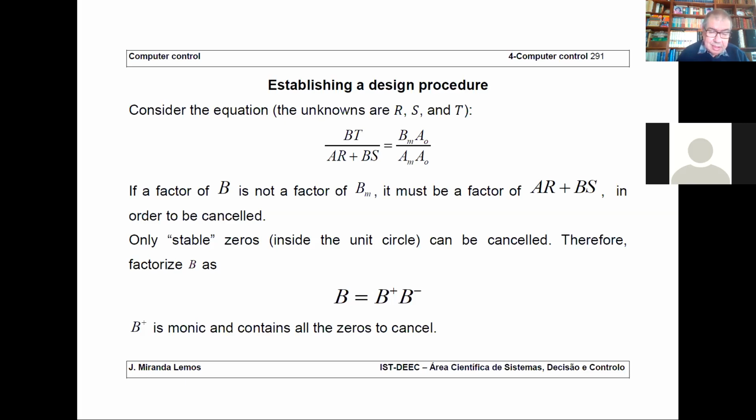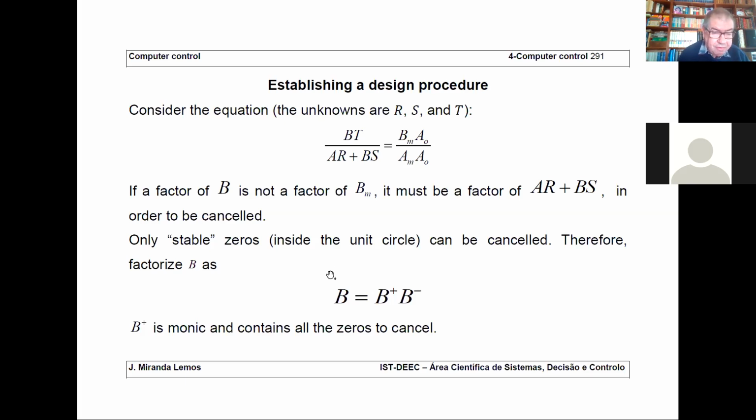There is an internal instability. So you have to separate your system zeros into parts. The ones that are inside the unit circle that you can cancel if you want, and the ones that are outside the unit circle that you cannot cancel.